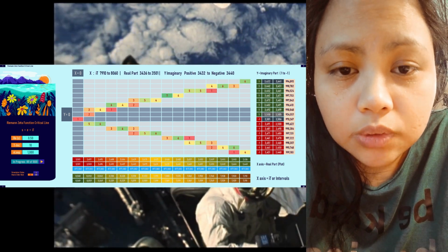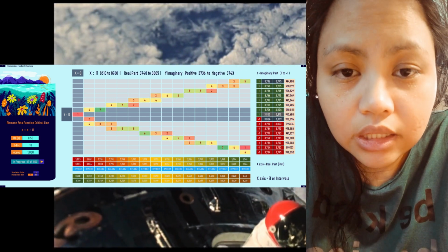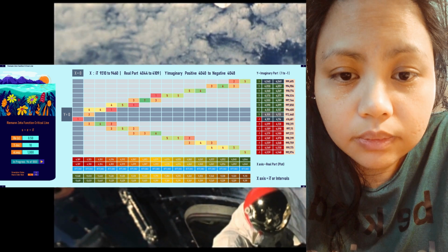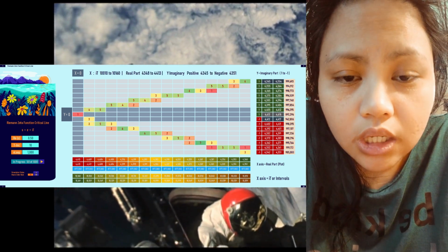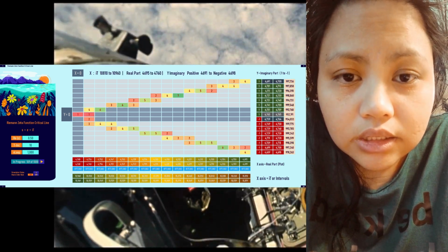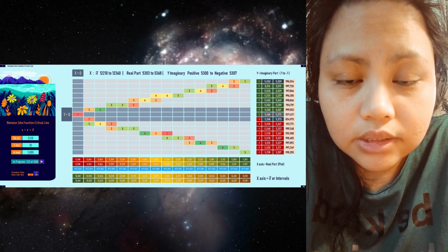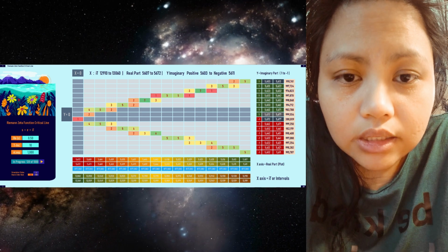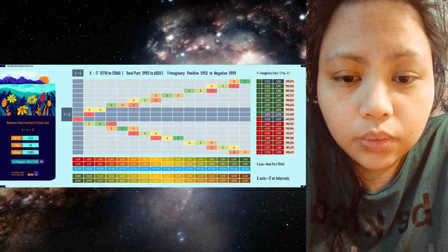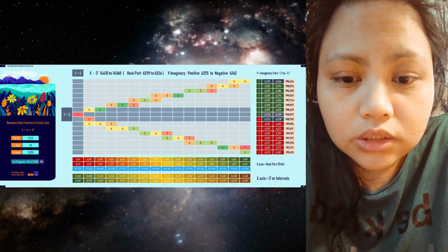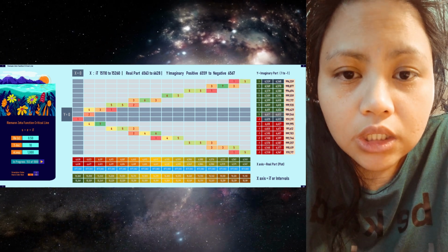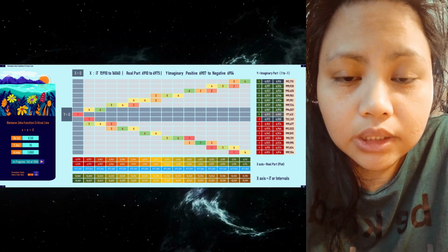Now I'm visualizing the real part, the cosine, on the x-axis, and the imaginary part on the y-axis, the sine, which is the sine wave that moves the line up and down.